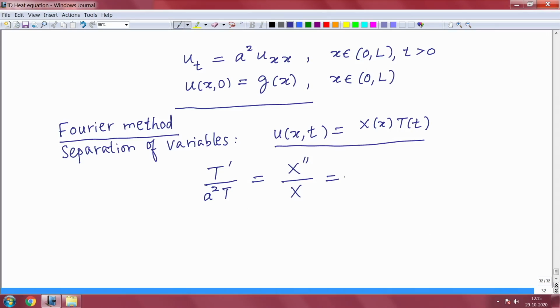And for physical reasoning we again take negative sign, where lambda is positive. And by the by, we are seeking non trivial solutions.